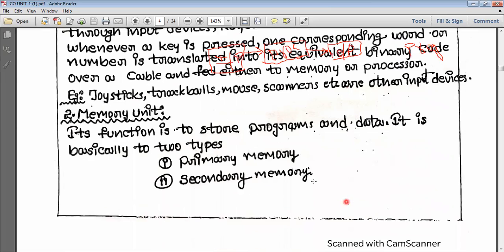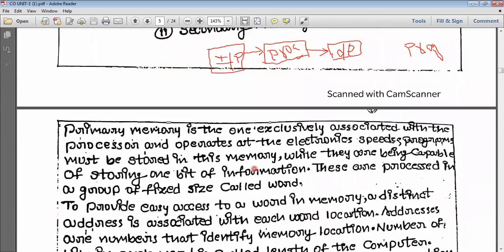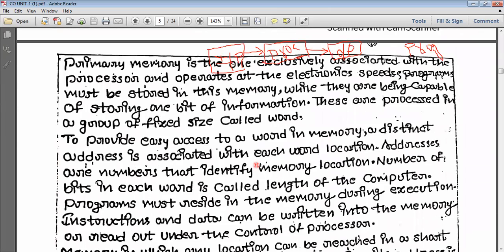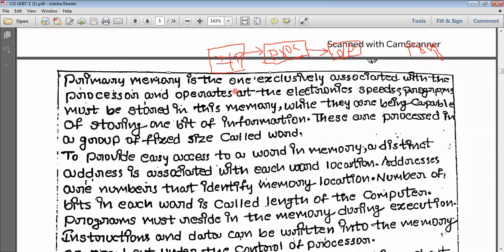Next, memory unit. In this memory unit, primary memory and secondary memory are there. So in the primary memory, what is stored?